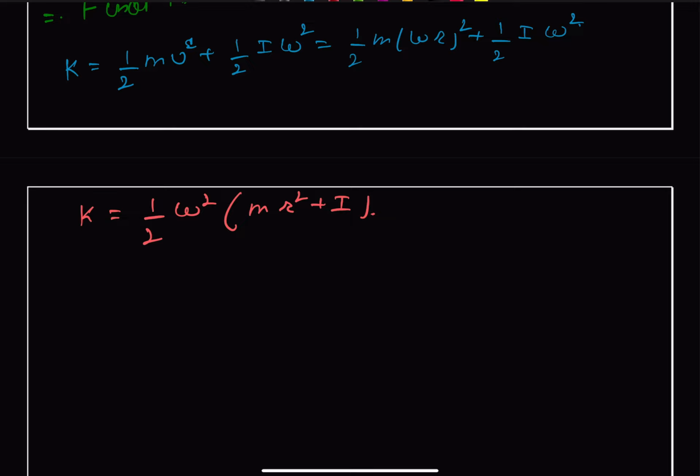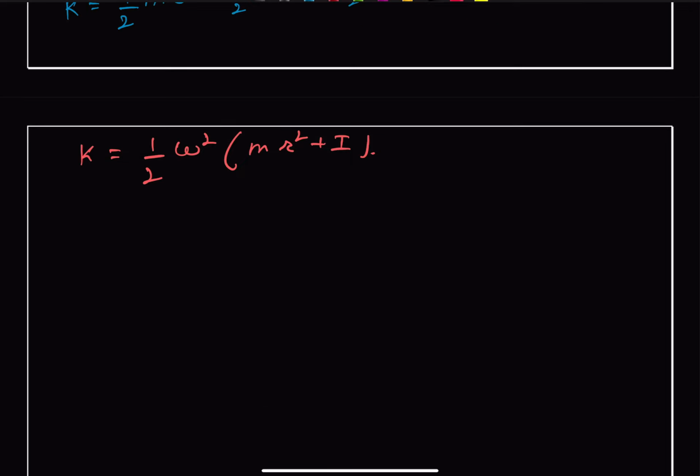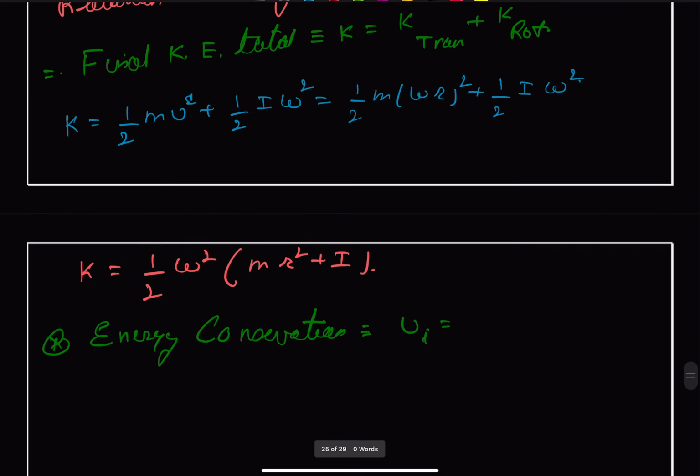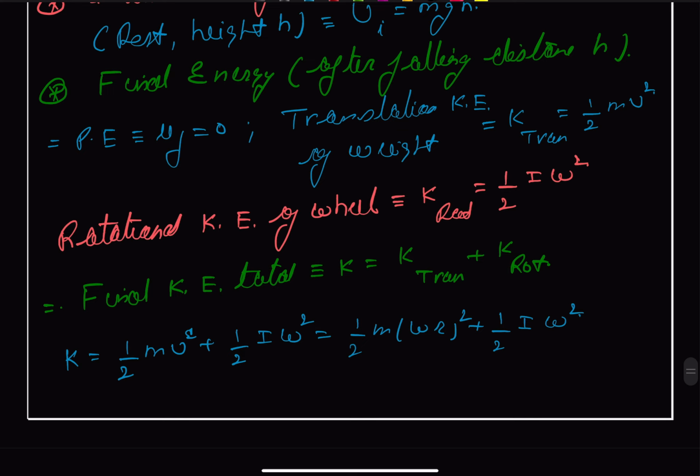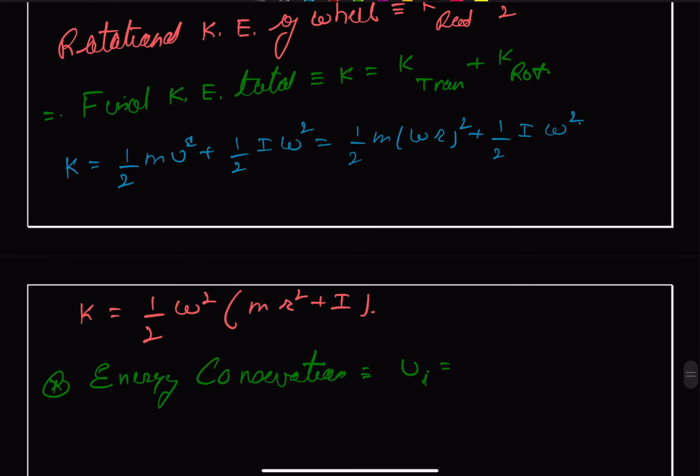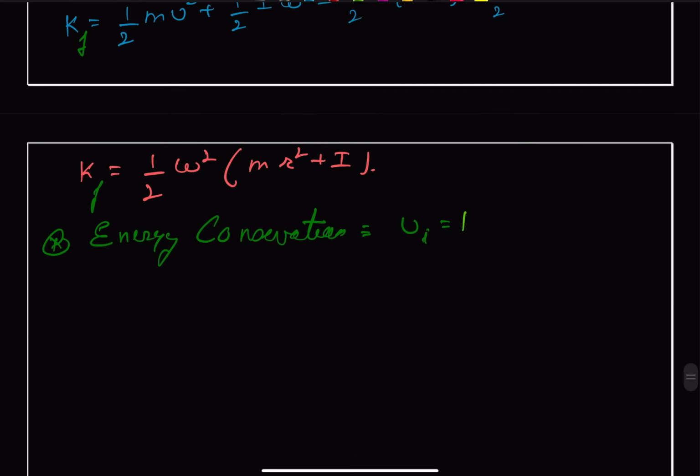Now we can easily use conservation of energy. The initial potential energy is equal to the final kinetic energy, Kf.